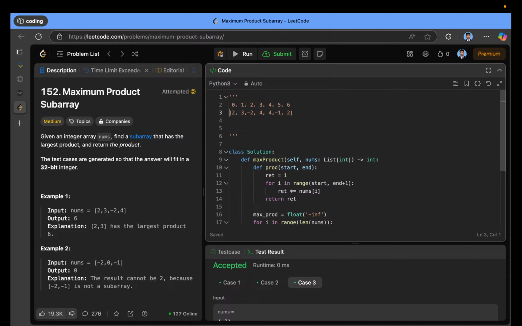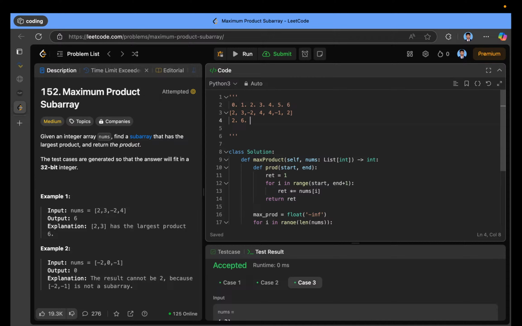Okay, let's go with a simple approach that I can think of: let's make the product of 2 and 3, then it will be 6, then with minus 2 it will become negative. Okay, so what should I do, let's add that.